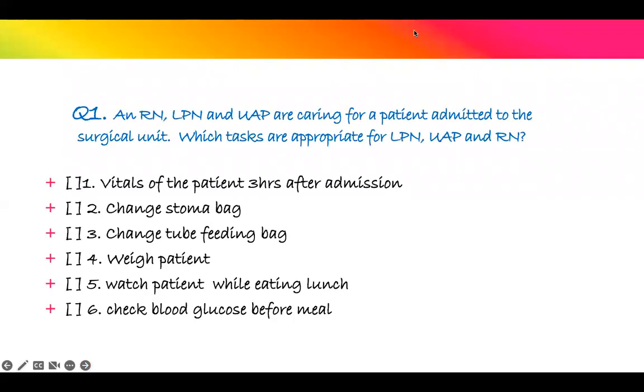So you have an RN, LPN, and a UAP caring for a patient admitted to the surgical unit. Which tasks are appropriate for the LPN, UAP, and RN? When they give you a question like that, usually they want you to pick one.